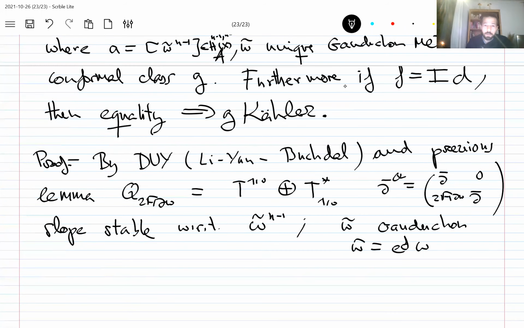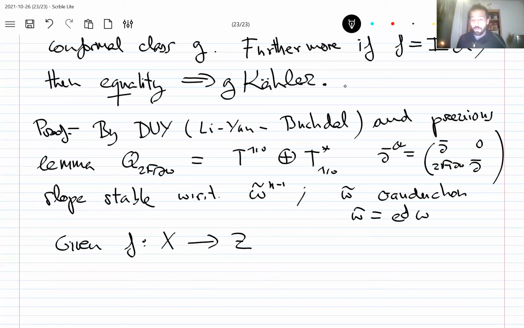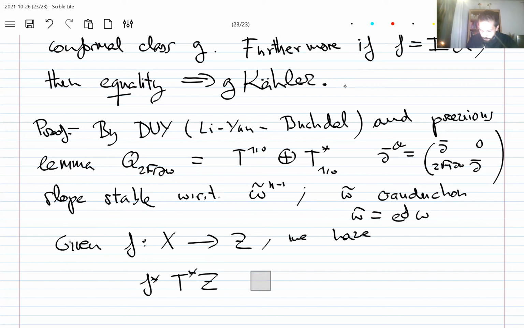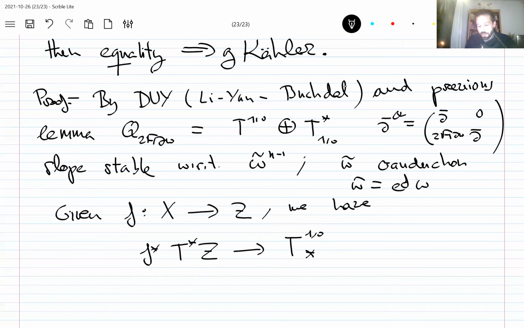Now the other observation is that with the hypothesis that we have, given f from X to Z as in the statement, we can construct a subsheaf of Q. We have that the pullback of the cotangent of Z has a natural map to the cotangent of the manifold X. And the assumption on the differential tells you that this is actually a subsheaf.